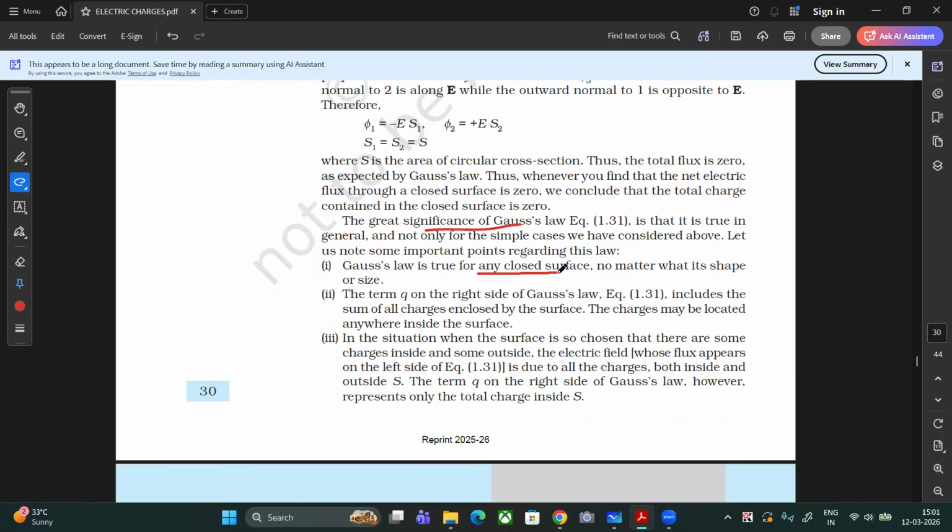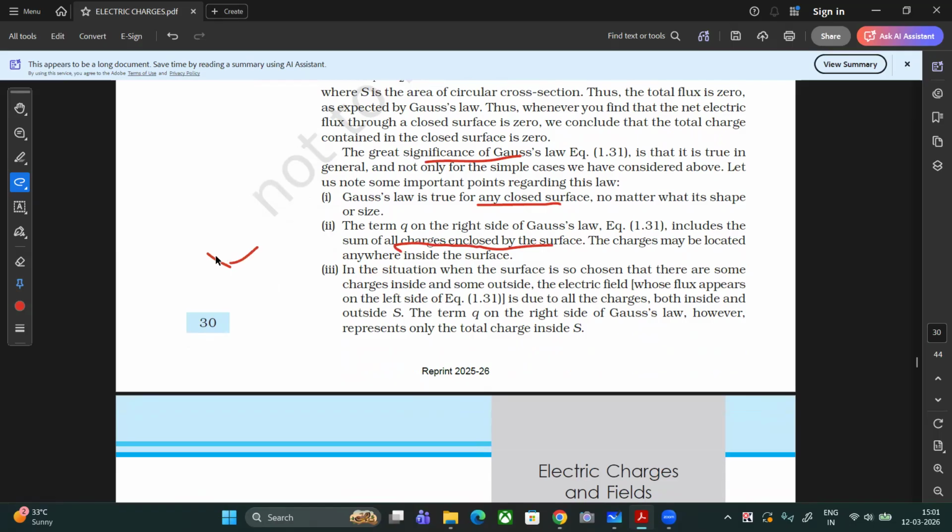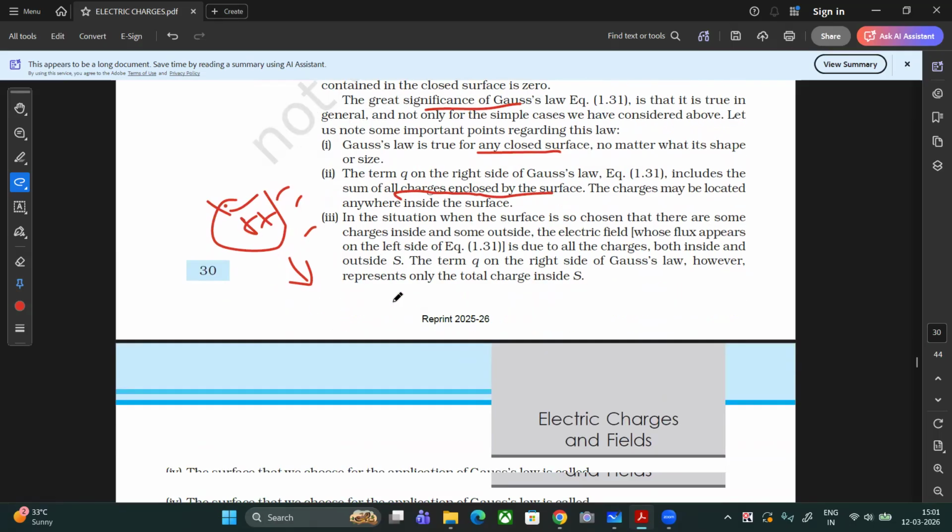Gauss law has some important points and significance. First, it definitely has a closed surface, and it includes the sum of all the charges enclosed by the surface. Next, if a surface has some charges inside and some outside, we take only the charges inside the surface, and we don't count the outside ones.